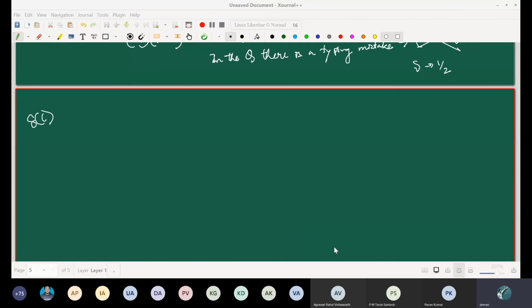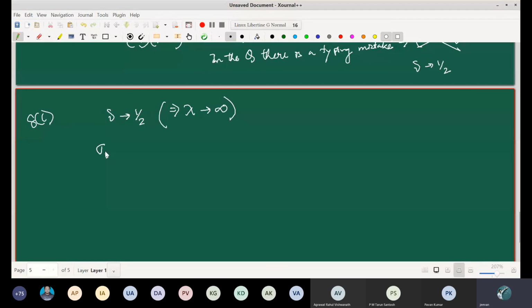When we are working under the scope that nu tends to half, which implies that lambda is tending to infinity, as we have just seen in question number 8b, then what happens in this one? That lambda into epsilon kk term is indeterminate. That is 0 by 0 form.